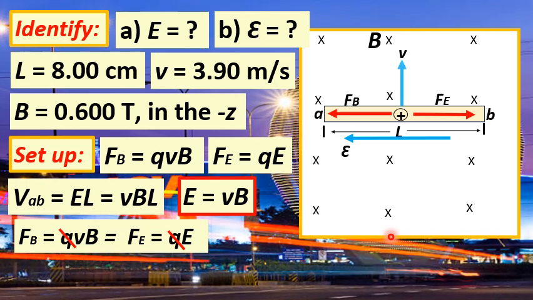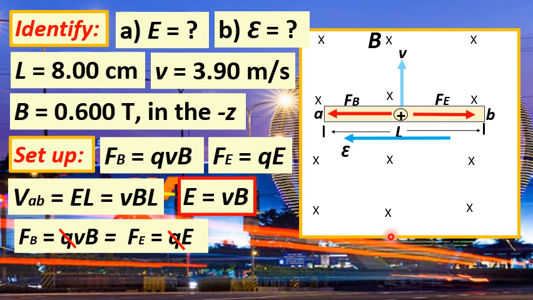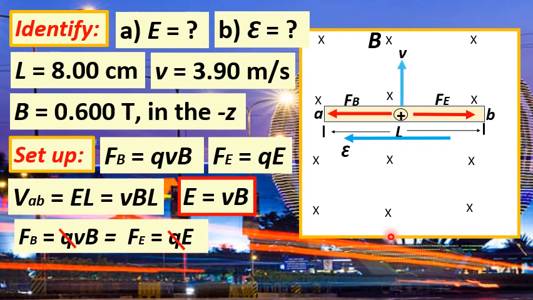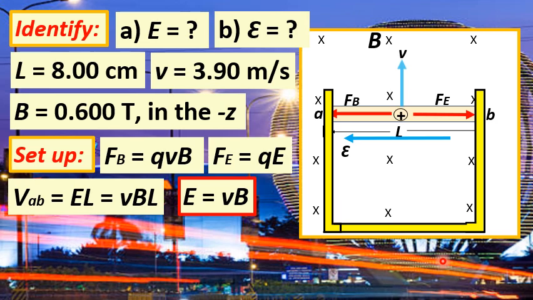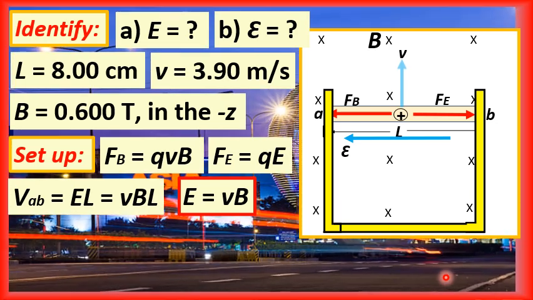Now, suppose the moving rod slides along a stationary U-shaped conductor, forming a complete circuit.